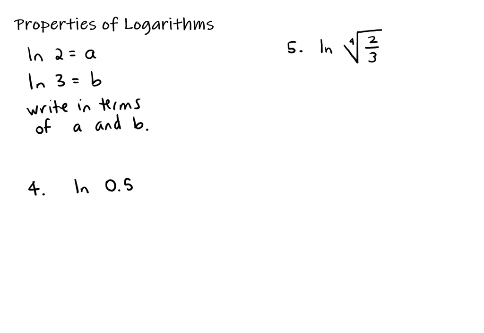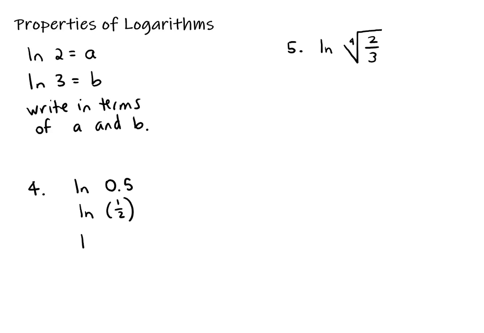Now we're going to suppose that ln of 2 is a and ln of 3 is b. And we're going to rewrite these logarithms in terms of a and b, meaning I'm going to try to rewrite them in terms of ln of 2 and in terms of ln of 3, using the properties that we were given. So the first one is ln of 0.5, which you should know is the same thing as 1/2.